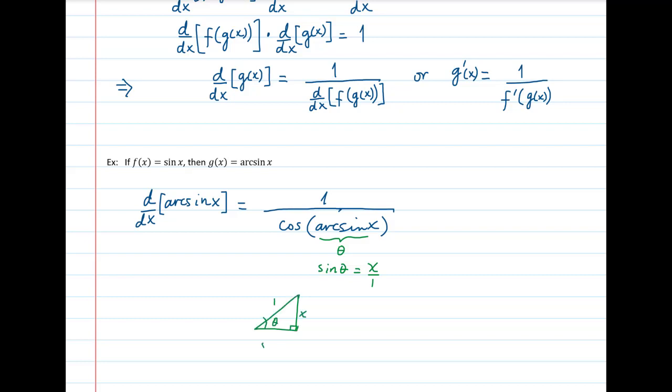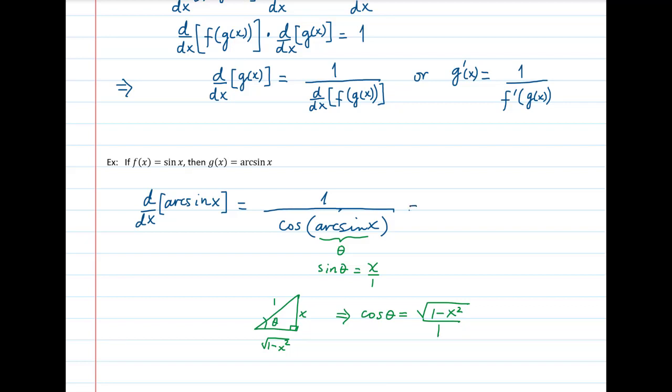Using right triangle trigonometry, we can find the third side with the Pythagorean theorem. Sine is opposite over hypotenuse, so I can find the adjacent. Cosine of theta is adjacent over hypotenuse, which is the square root of 1 minus x squared, all over 1.